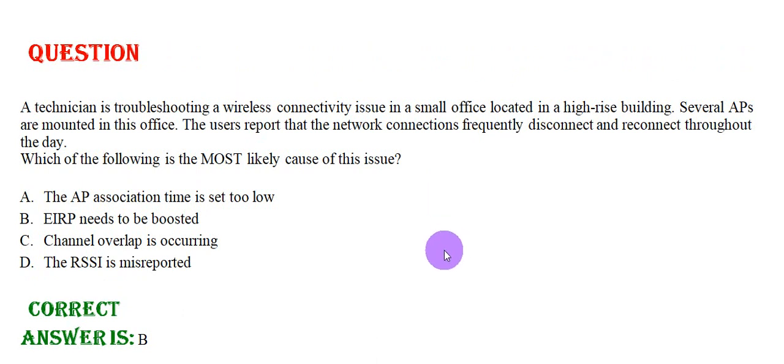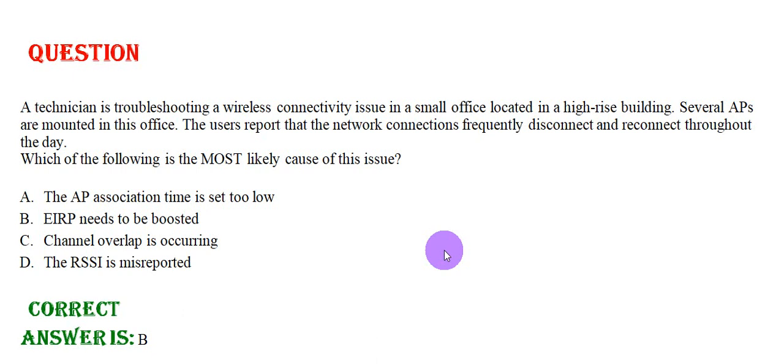A technician is troubleshooting a wireless connectivity issue in a small office located in a high rise building. Several APs are mounted in this office. The users report that the network connections frequently disconnect and reconnect throughout the day. Which of the following is the most likely cause of this issue?